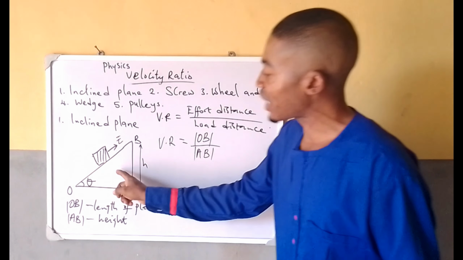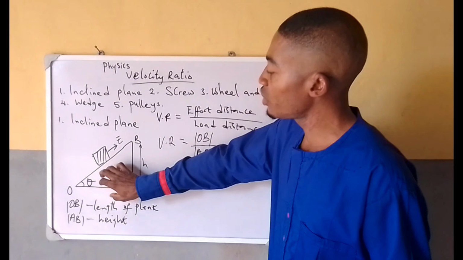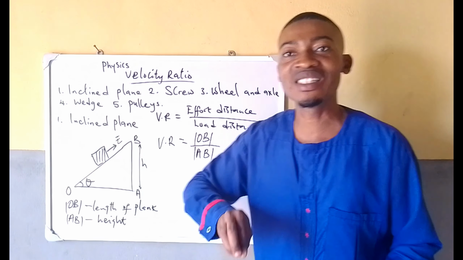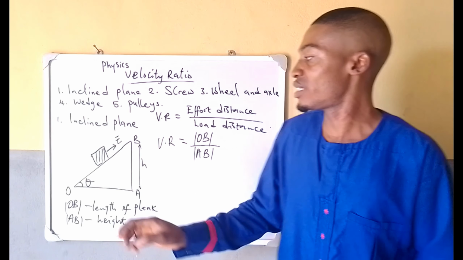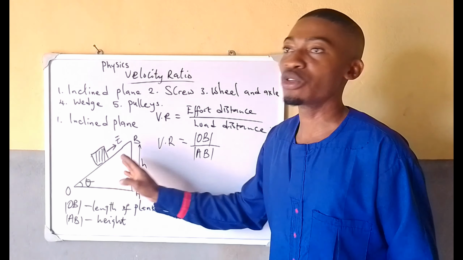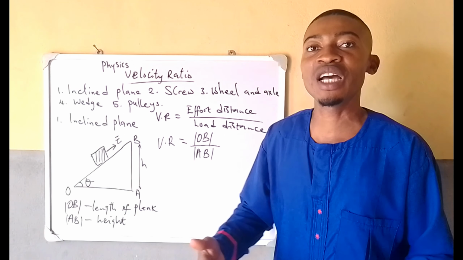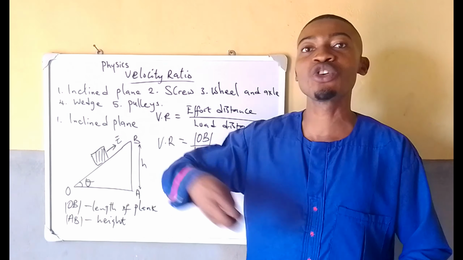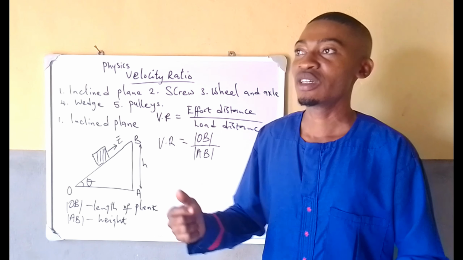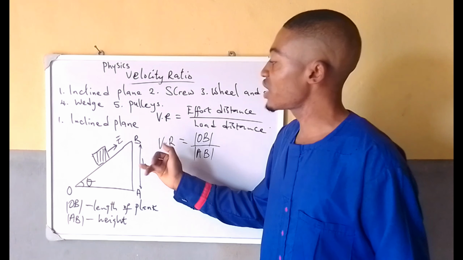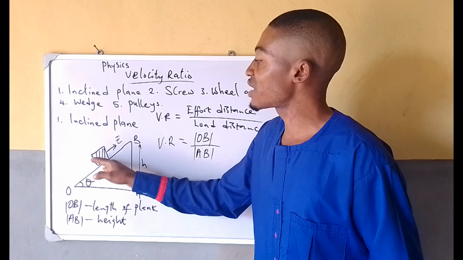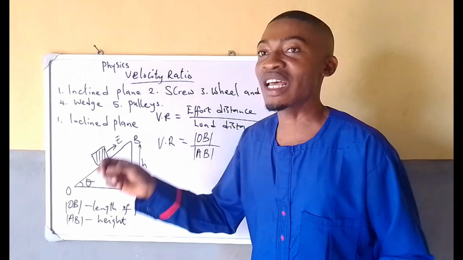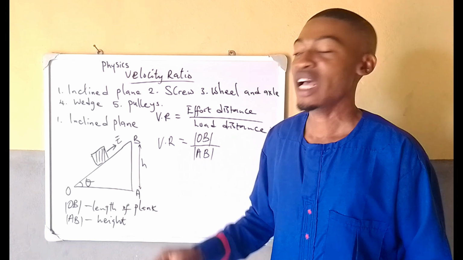Now, let's go back to the diagram. When we look at it geometrically, it is a right angle triangle. And when we have a right angle triangle, we can resolve the problem using what is called trigonometric ratio. In the trig ratio, you consider the relationship between two sides of a triangle and one interior angle.